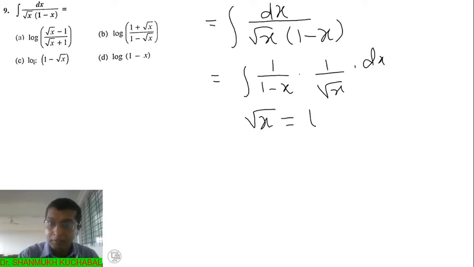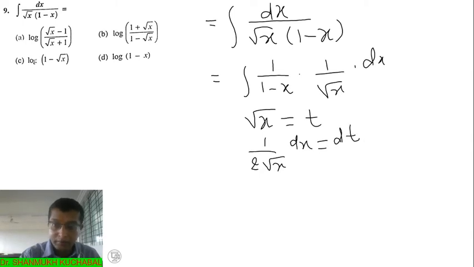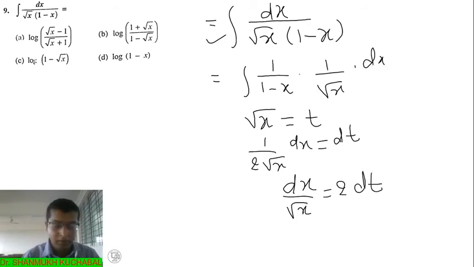We use the method of substitution, root x as a new variable t. If you differentiate this one, 1 upon 2 root x into dx equals dt. Okay, 2 is not there in this expression, so we transpose it, so we get dx divided by root x equals 2 times dt here.